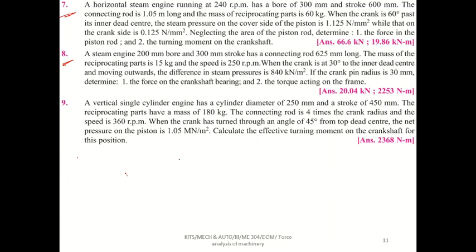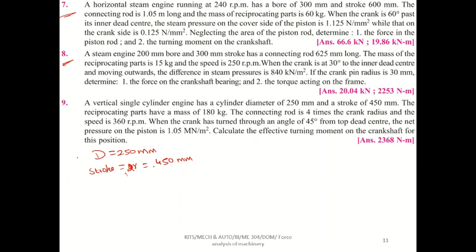So let us write the given data: cylinder diameter 250 mm, stroke value 450 mm.